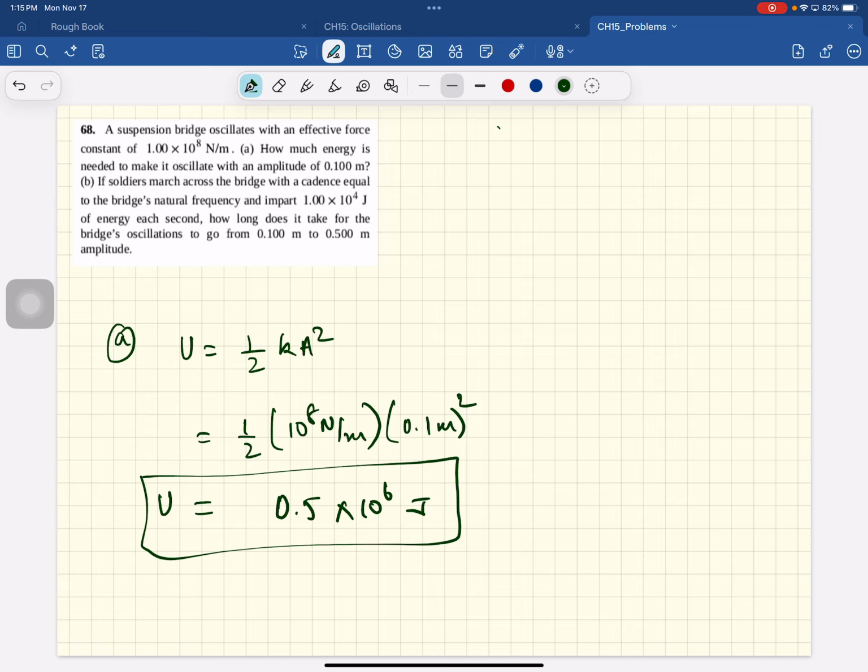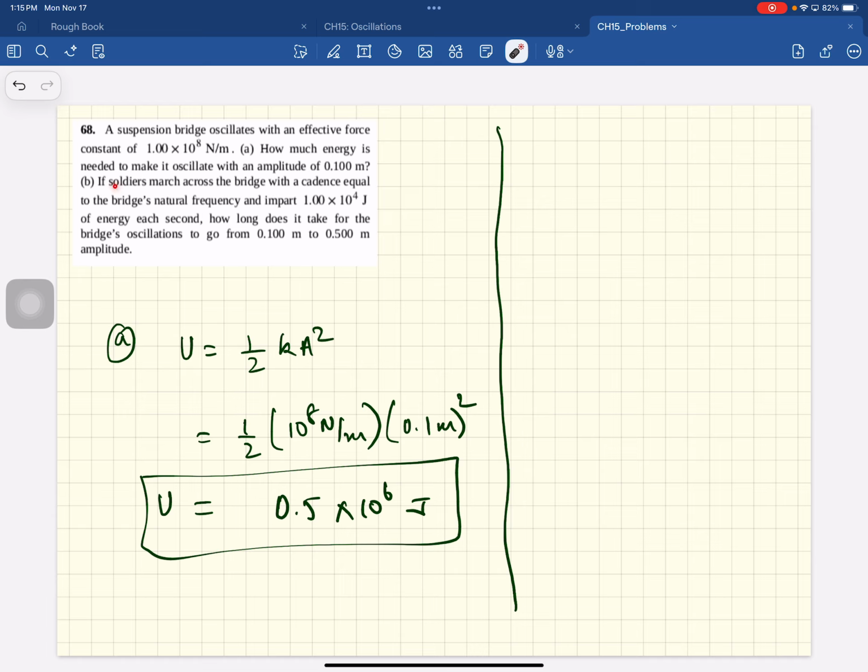Okay. Now what we're going to do is provide the energy like this. If soldiers march across the bridge with a cadence equal to the bridge's natural frequency, you guys have heard of the fact that you can have a battalion march across a bridge and break it. So if you march with a cadence that matches the natural frequency of the bridge, you can pump enough energy in it that it could potentially break.